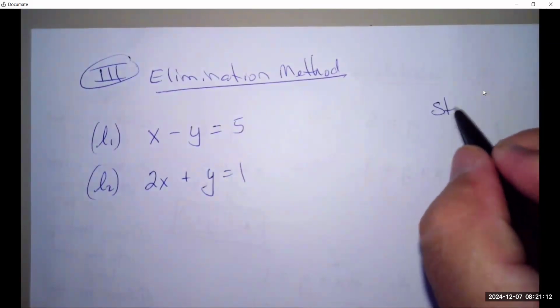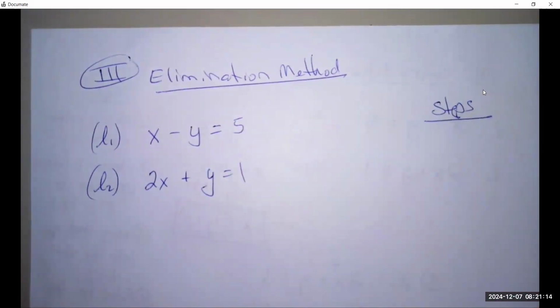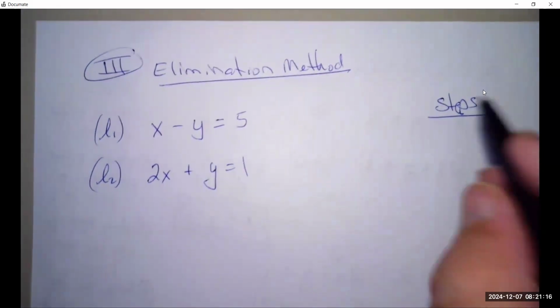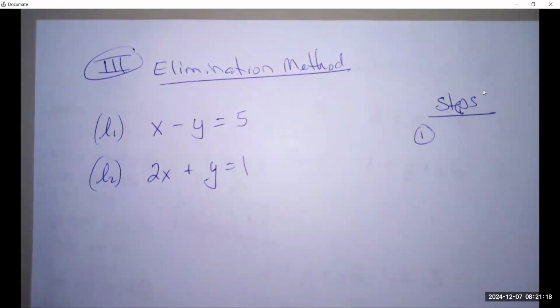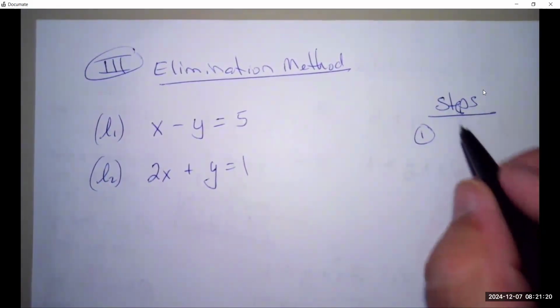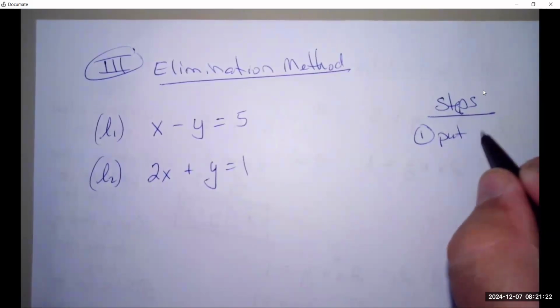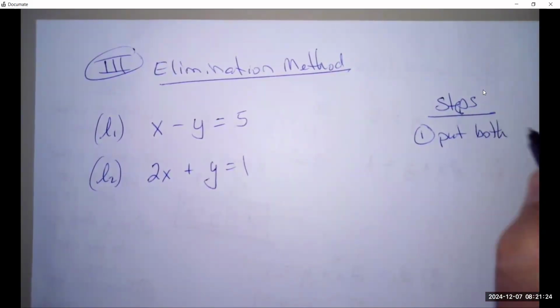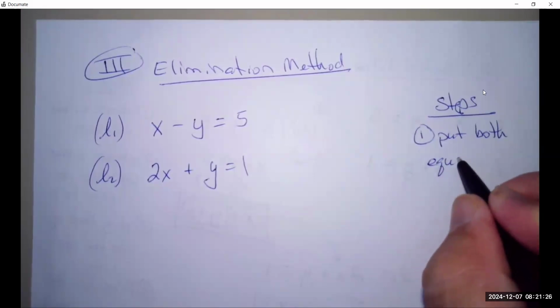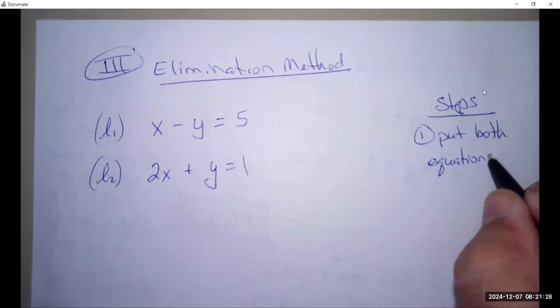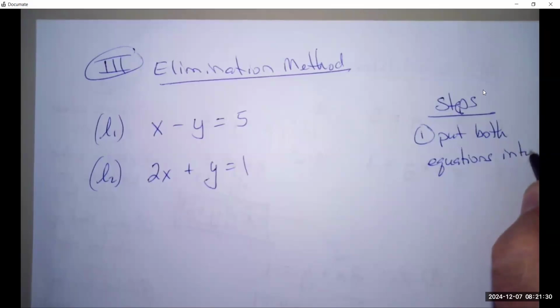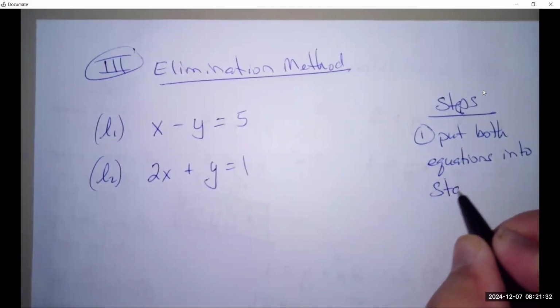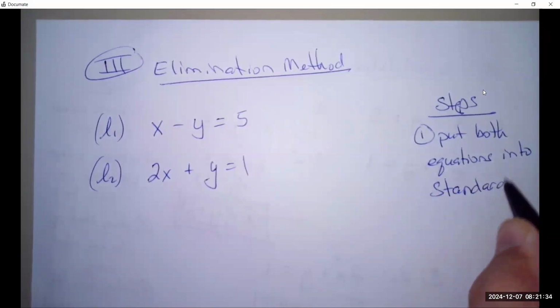And here are my steps. Put both equations into standard form.